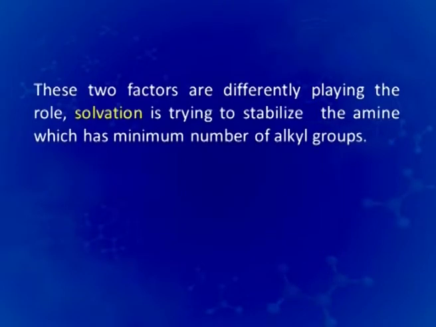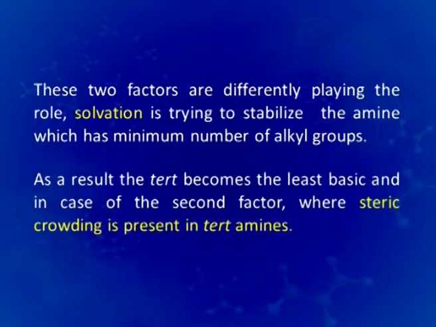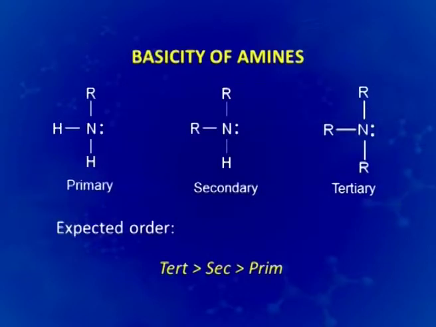These 2 factors are playing their roles differently. Solvation is trying to stabilize the amine which has the minimum number of alkyl groups. As a result, the tertiary becomes the least basic. In the case of the second factor, steric crowding, which is present in tertiary amines, if we look into the previous slide, we know that there are 3 alkyl groups.